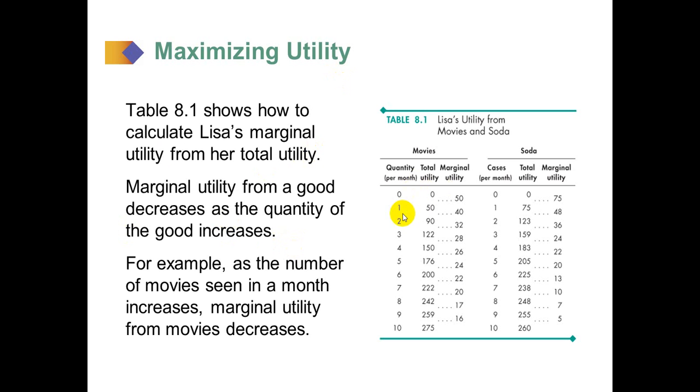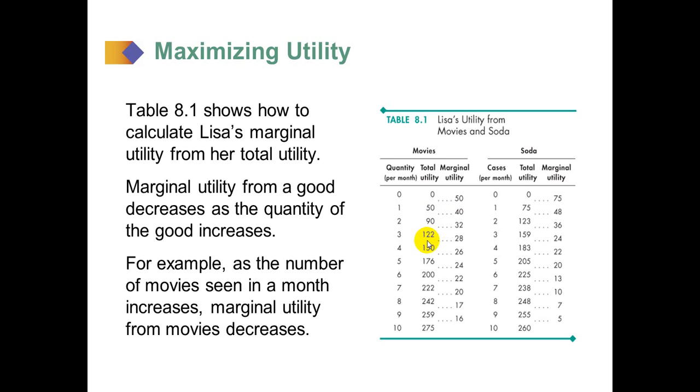If Lisa consumed 1 unit of movies, she gets 50 units of benefits. With 2 units, total utility is 90, so marginal utility is 40, 90 minus 50.